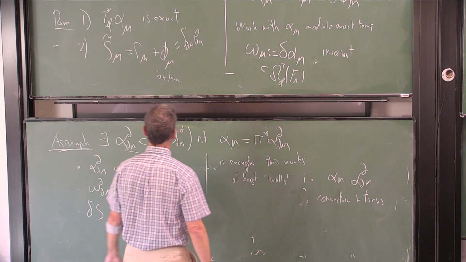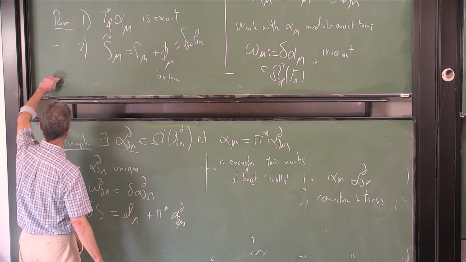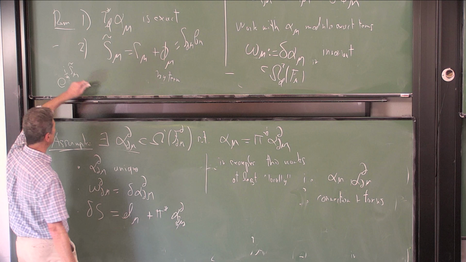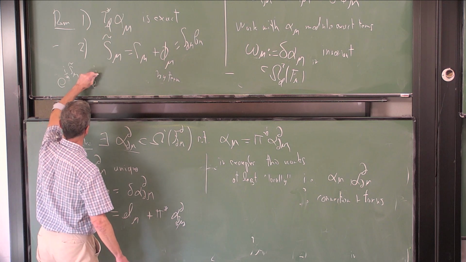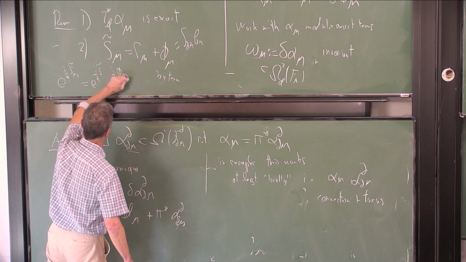But actually, if you think already in view of quantization, what we are doing, really, you should consider the exponential of the action. And this transformation tells you that this changes by the exponential of this phase.